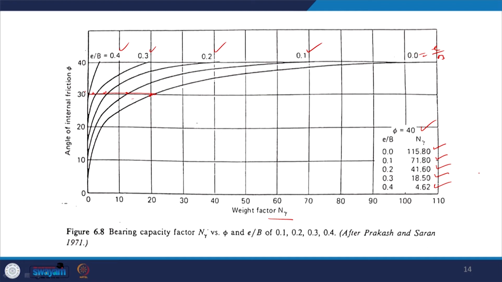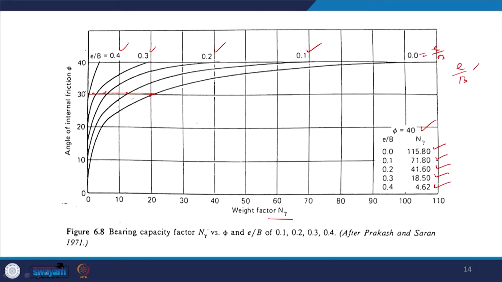So, that means there is a very significant effect of eccentricity, and for this effect what you need to consider is E by B. But as we discussed, we should try to keep the value of E by B as far as possible less than 1 by 6.